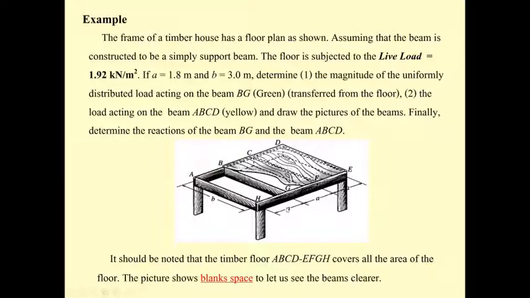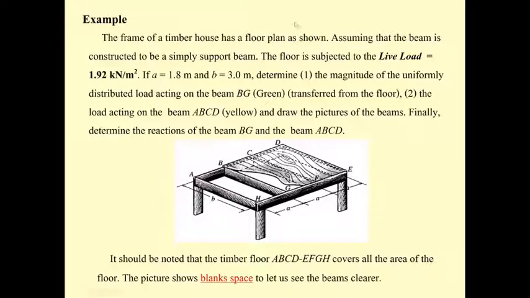A is the distance between the small beams, and B is going to be the distance between the girders or the large beams. So B is going to be L2, and A is going to be L1. In this problem we have 3 over 1.8 for the ratio of L2 over L1. So that means the ratio is going to be less than 2, and this problem is going to be two-way action.